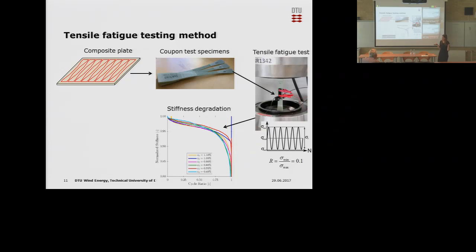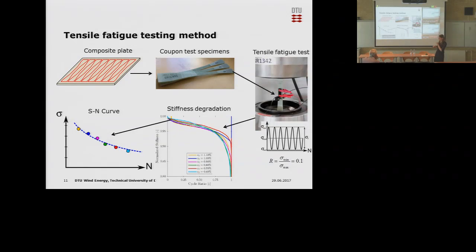And what you get from such a test, if you, for example, measure the strain by extensometers or similar, is that you can calculate the stiffness degradation of these materials as a function of the load cycles applied. So here is an example of some stiffness degradation curves from a lot of different tests. And aside from these, they're usually also combined into an SN curve, where each point on this curve is one test tested to failure.